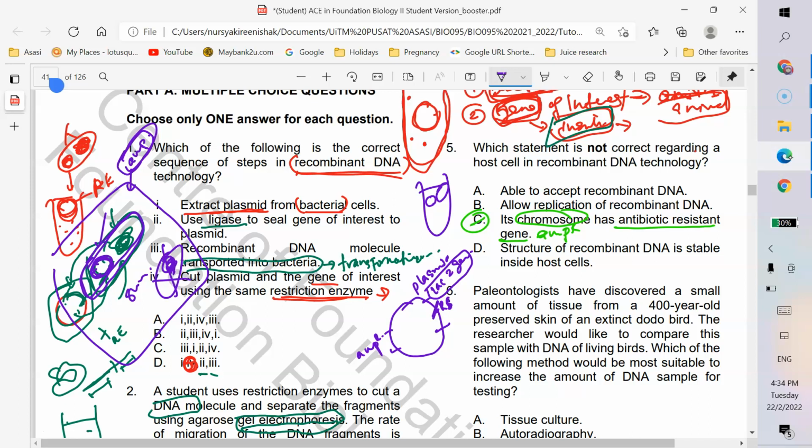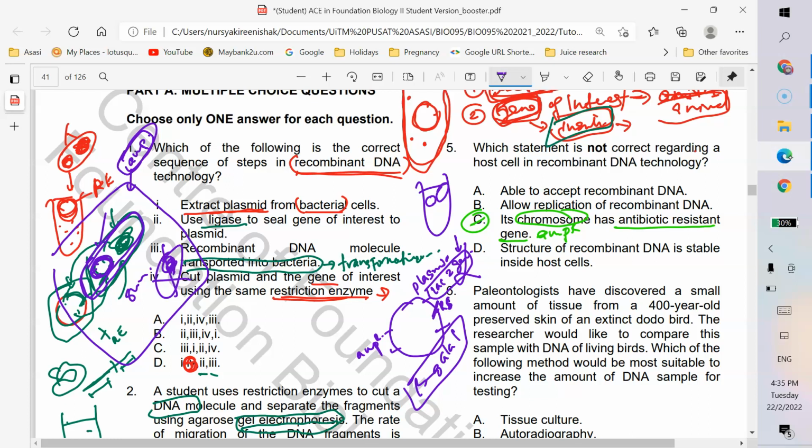Okay, so when the plasmid is cut, then only you can insert gene of interest. Okay, so bila cut, LacZ gene ni dia tak boleh dah berfungsi dah. Kita belajar hari tu lac operon kan, lacZ gene produce enzyme beta galactosidase kan. Okay, so the enzyme beta galactosidase dalam bacterial cell, dia digunakan untuk hydrolyze lactose kepada glucose and galactose.